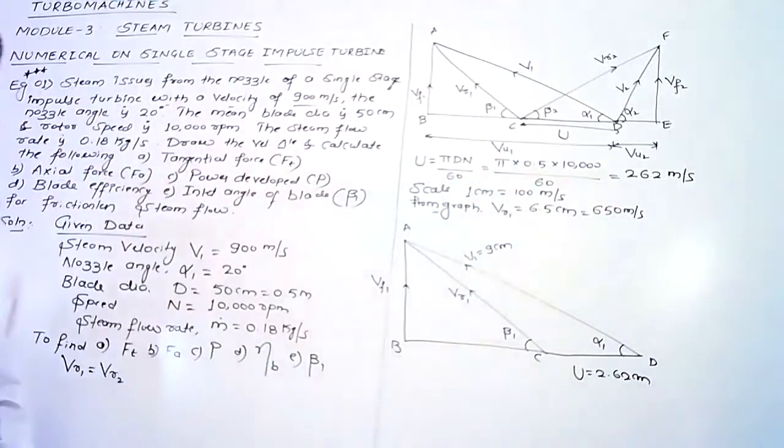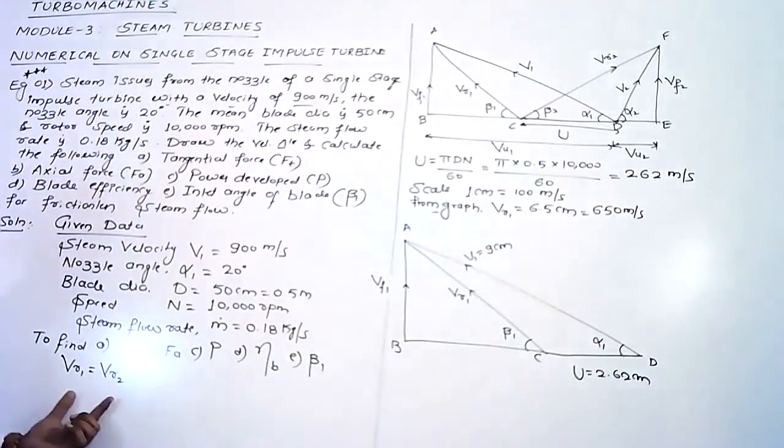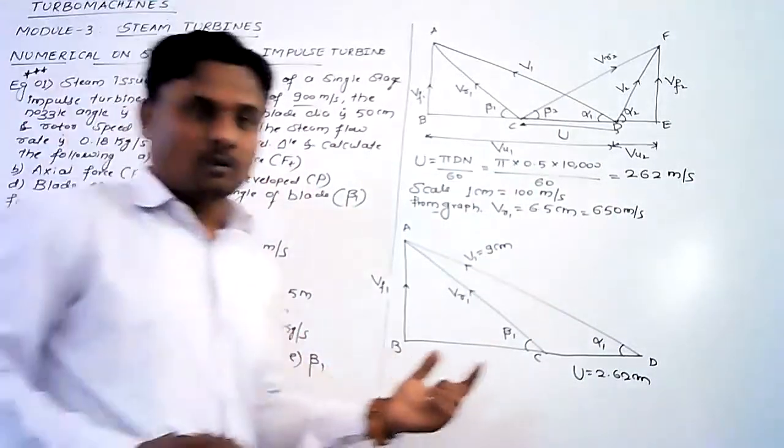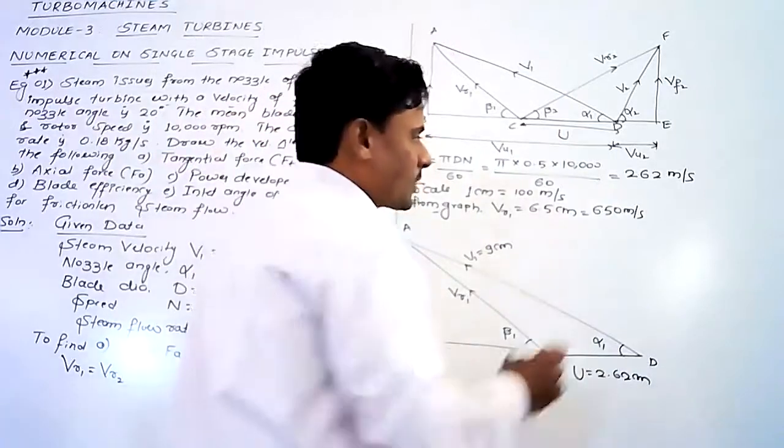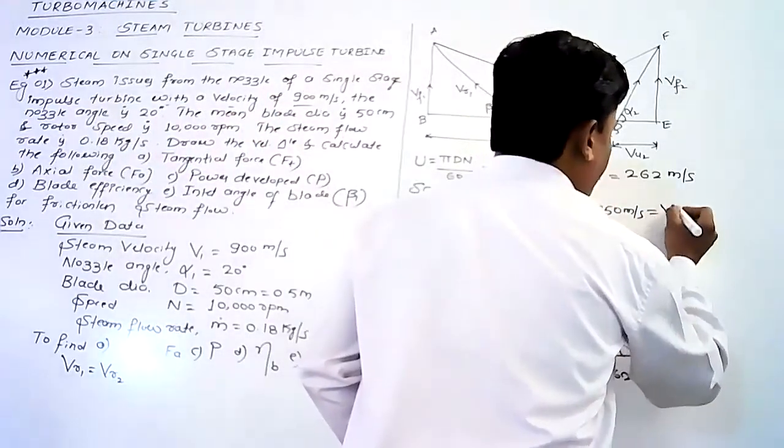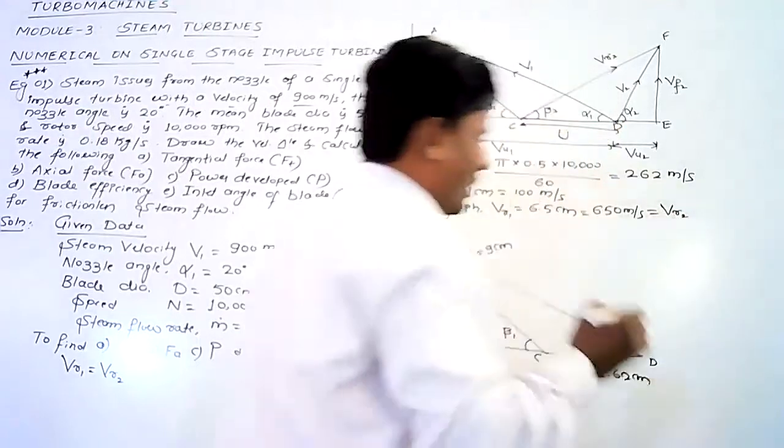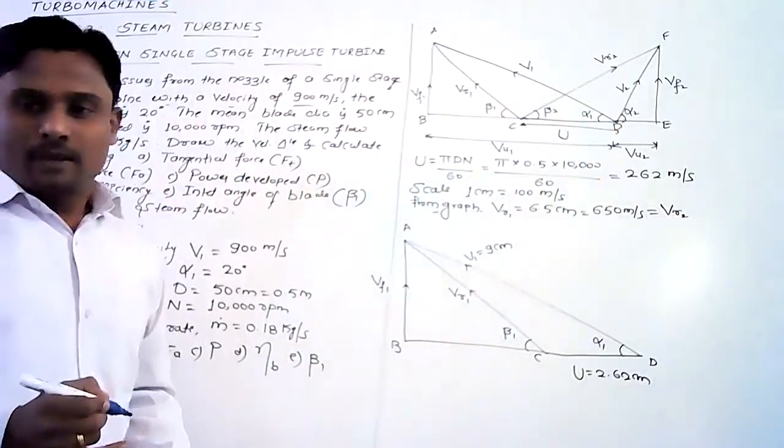And there are no frictional losses during flow, so VR1 will be equal to VR2. Whatever value you got, the same value you get for VR2.